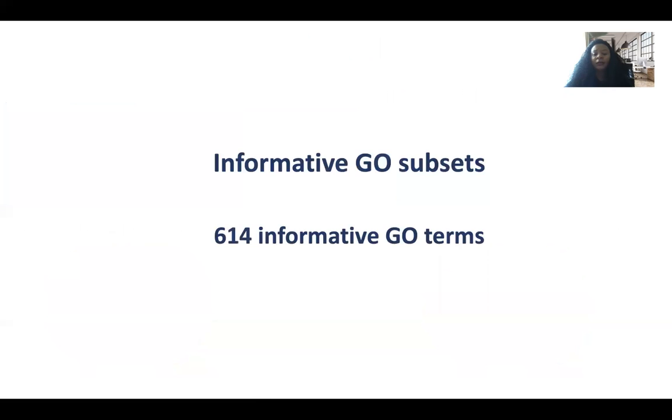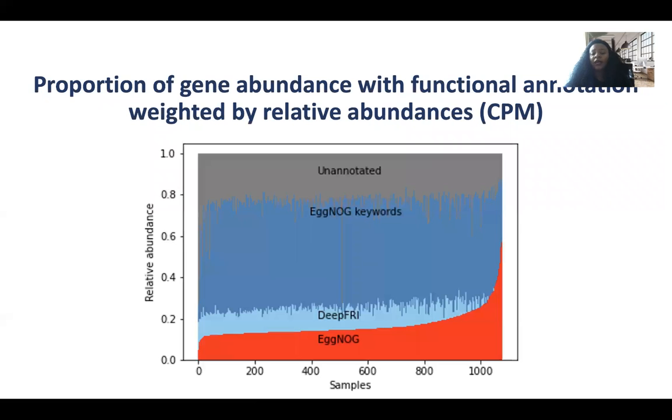And since a protein may have multiple gene ontology terms, making it difficult to accurately describe its function, we further filtered our gene ontology terms to include only 614 informative gene ontology terms. And now looking into the annotation coverage, this plot shows the proportion of gene abundance with functional annotation weighted by relative abundances.